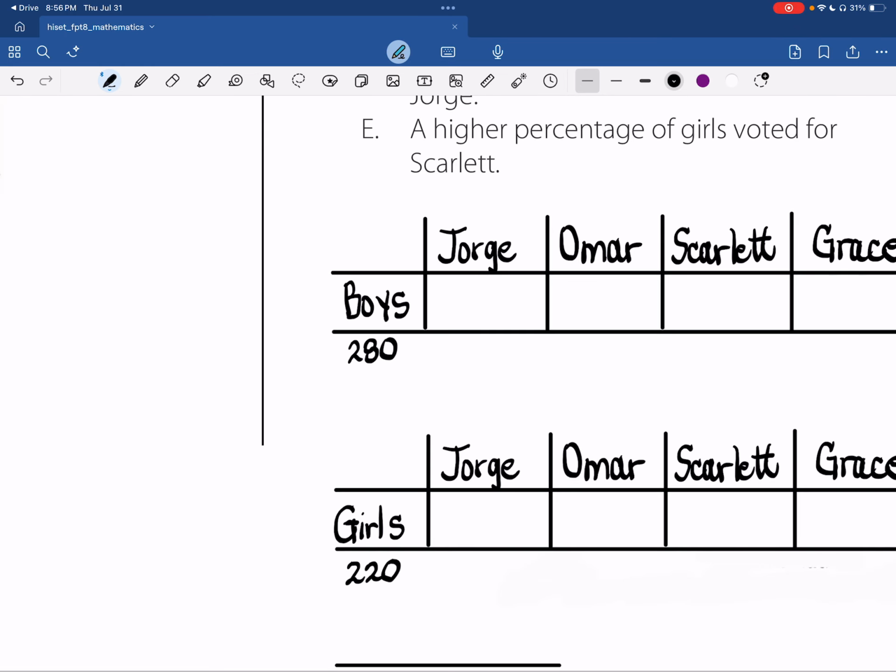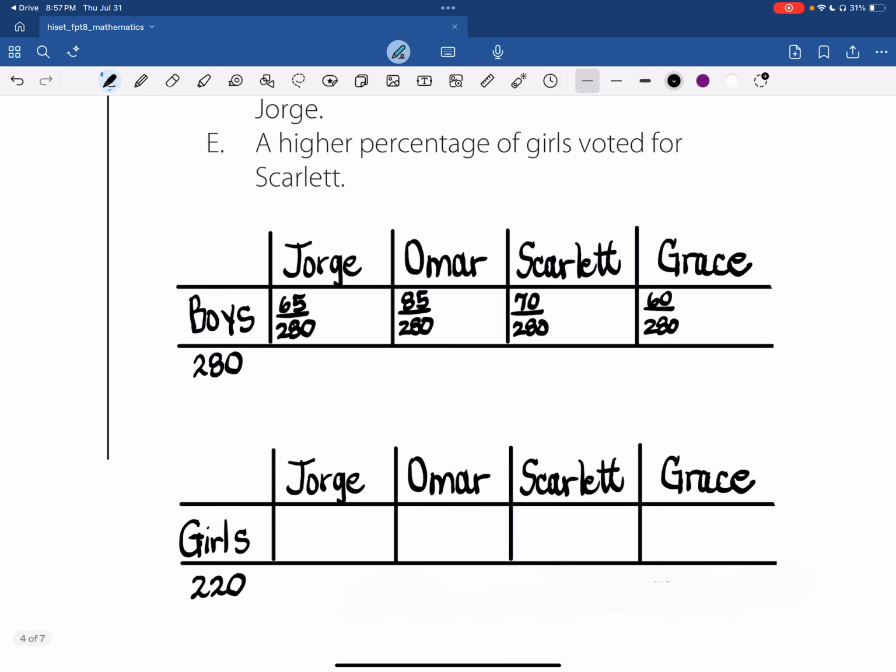So I'm going to say 65 out of the 280 voted for Jorge. 85 out of the 280 voted for Omar. 70 out of the 280 voted for Scarlett. And 60 out of the 280 voted for Grace. I'm just getting those numbers off of that table.